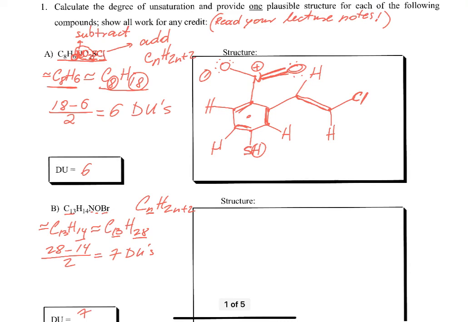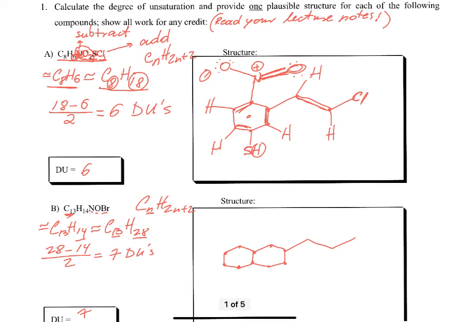Next, I will construct a structure that has 13 carbon atoms. I will begin by drawing 2 fused cyclohexane rings. That's 1, 2, 3, 4, 5, 6, 7, 8, 9, 10, 11, 12, 13. I have 13 carbon atoms.